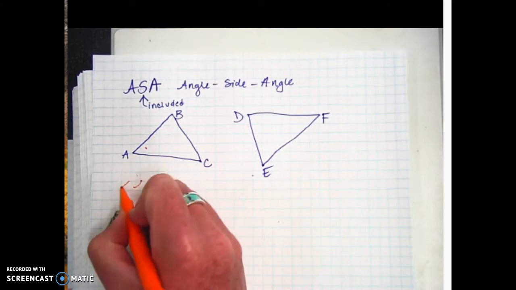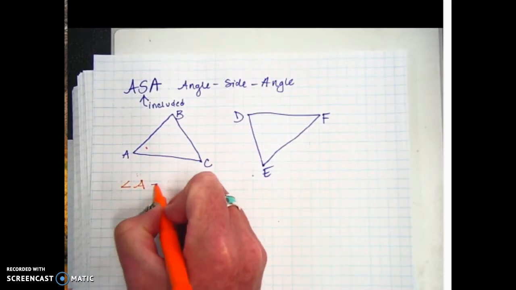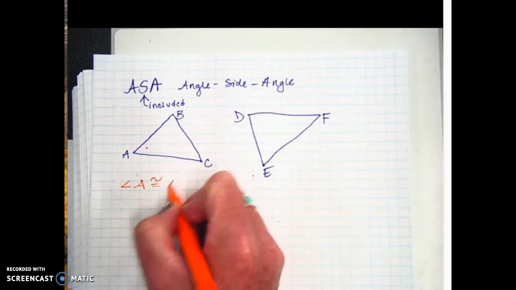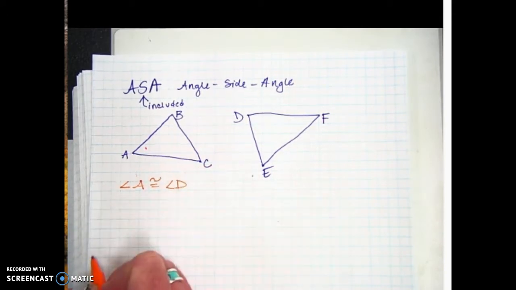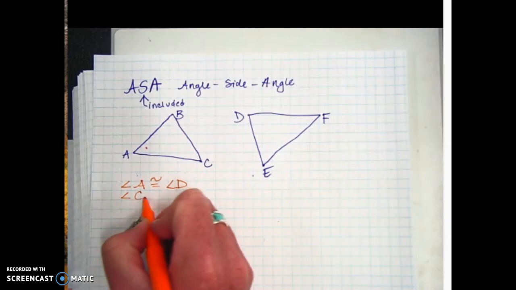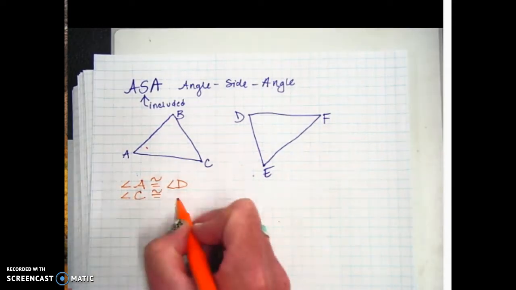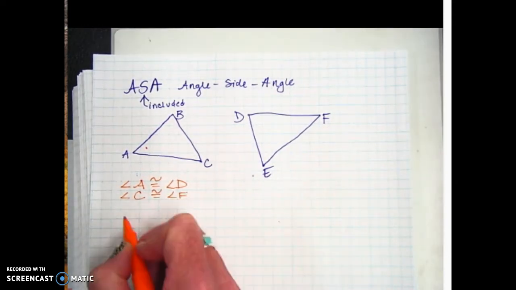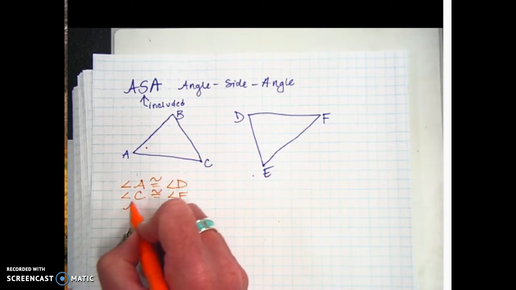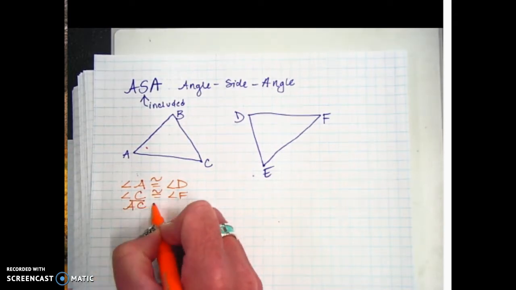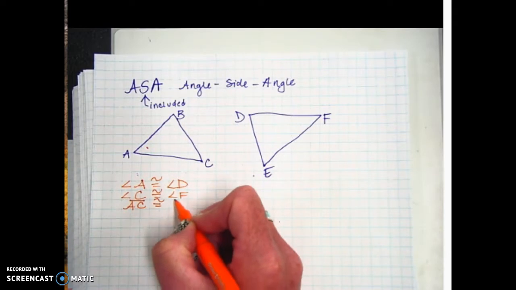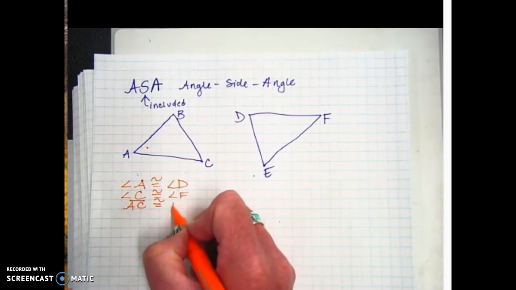So angle A is going to be congruent to angle D, and angle C is going to be congruent to angle F, and side AC is going to be congruent to side DF.